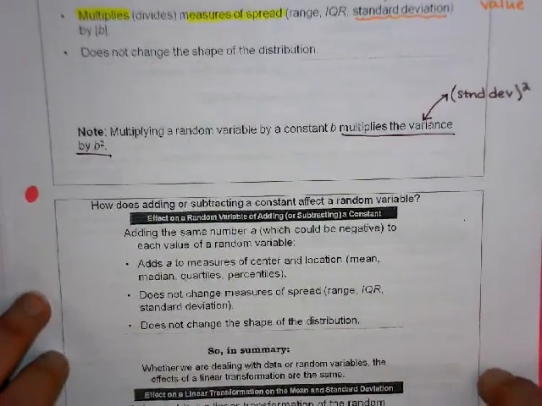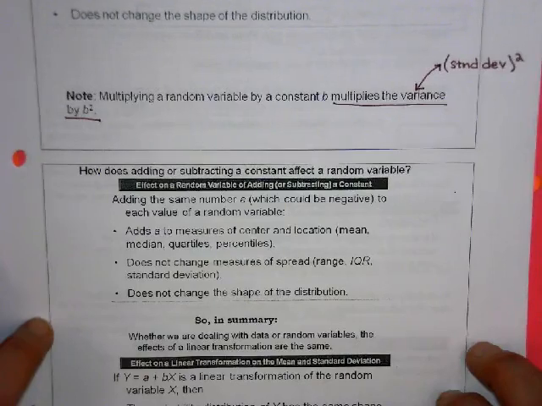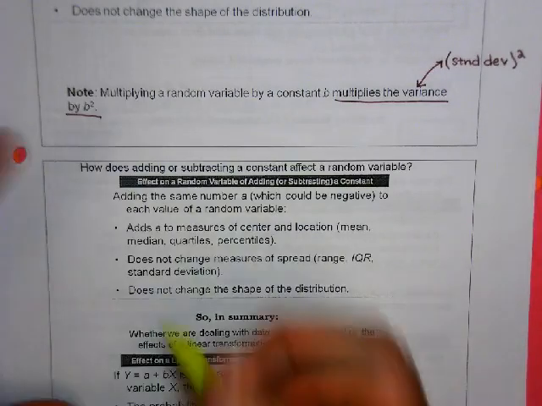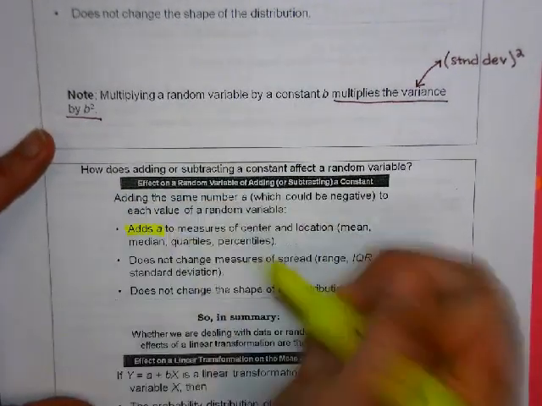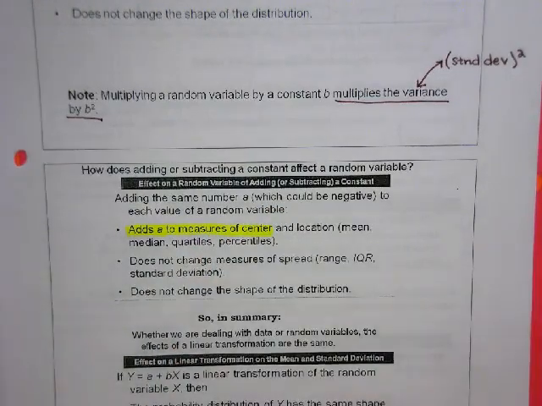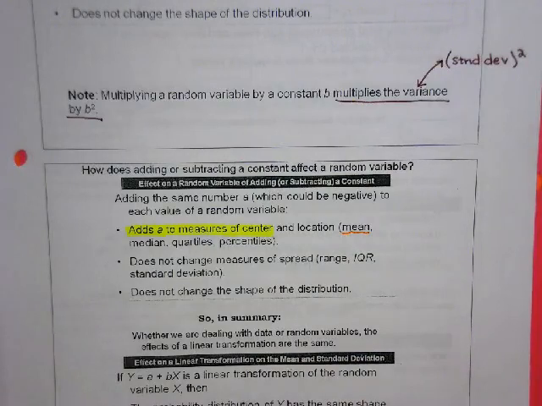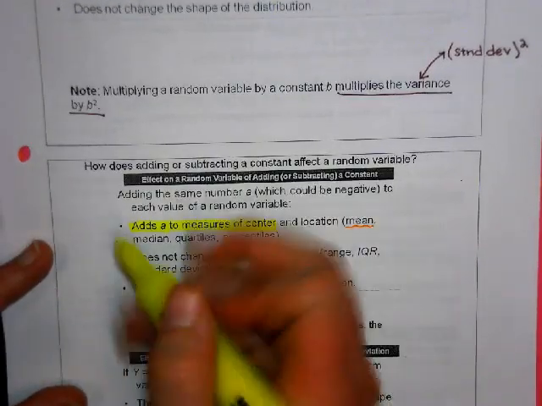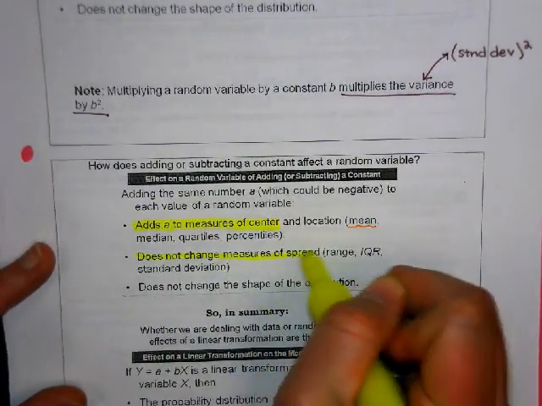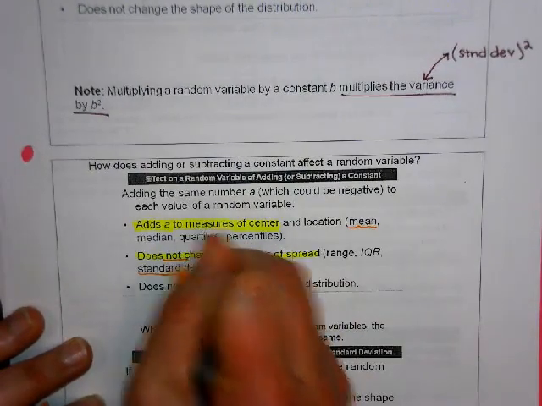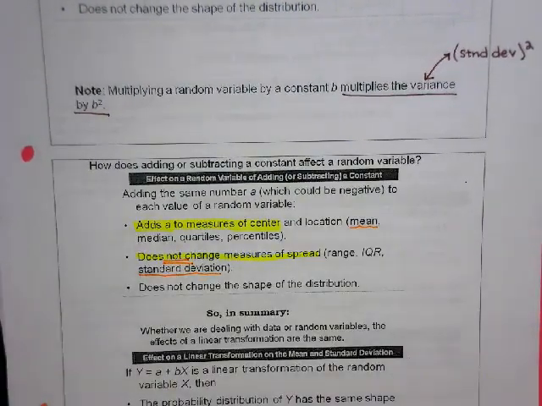Subtraction is like adding a negative. So if we add a number, it's going to add that to our measures of center, like the mean. It does not change the measures of spread, like standard deviation. And then of course shape stays the same still. Shape always stays the same.